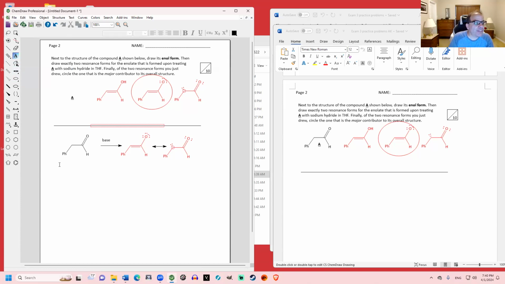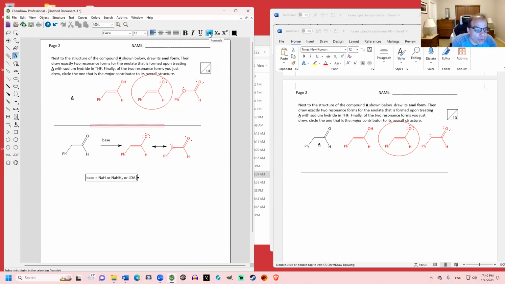Something I said in class today is that the base could be a lot of different things. Could be sodium hydride, that's H minus, or sodium amide. Could be NH2 minus, or LDA is another valid base.